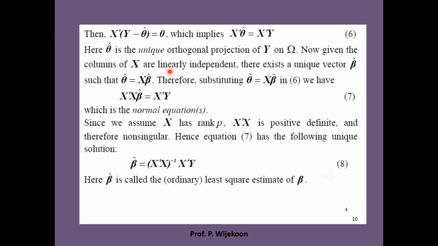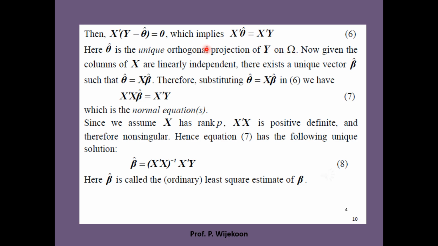We have already noted that the squared length of vector y minus vector theta is minimum for theta equals theta hat when y minus theta hat is orthogonal to the range space of the matrix X, that is omega. Hence, we can say that theta hat is the unique orthogonal projection of y on omega.